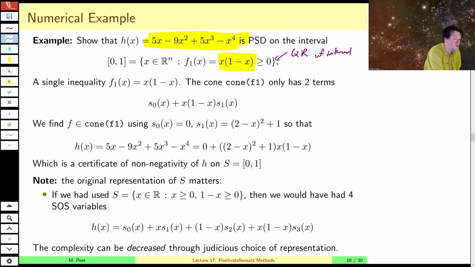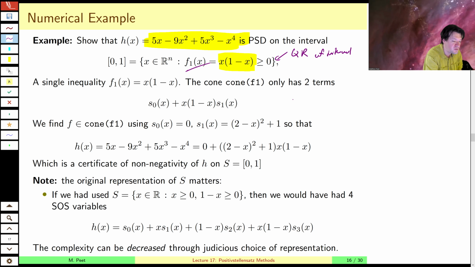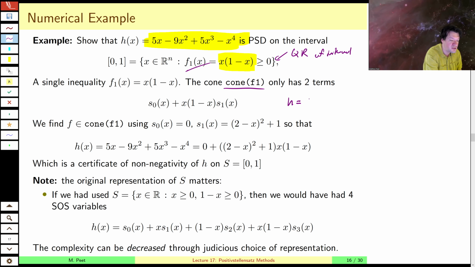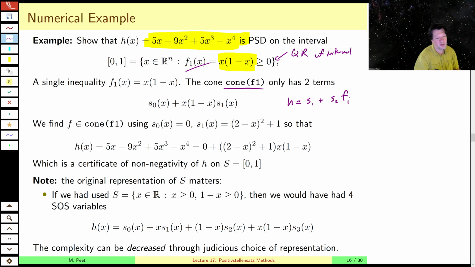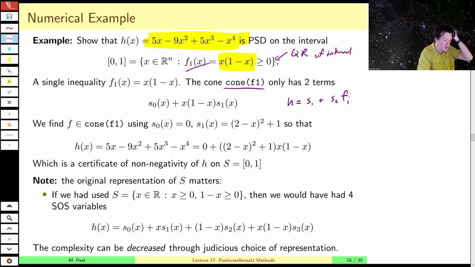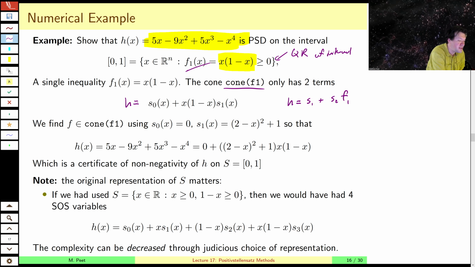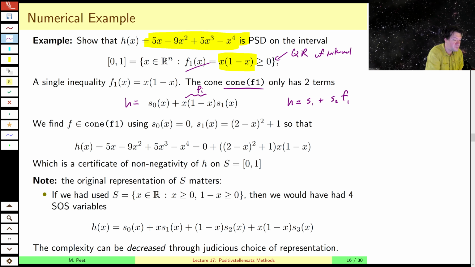There's only one function. One of the reasons, of course, is there's only one valid inequality. And so the question of whether h is in the cone becomes whether h equals a sum of squares plus another sum of squares times f1, because there's only one f, so we don't have to include products. So we have to search whether h equals that. And this is f1.